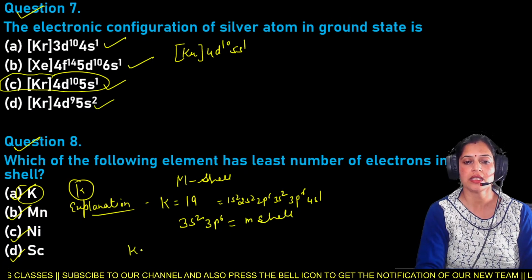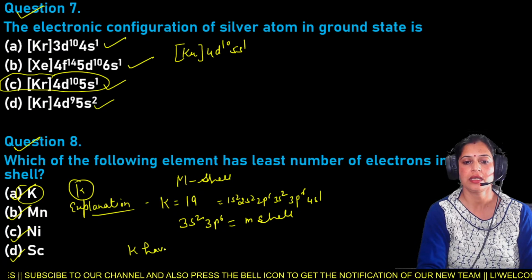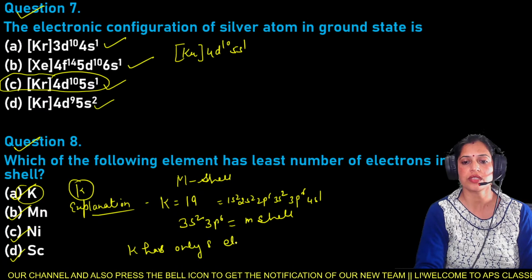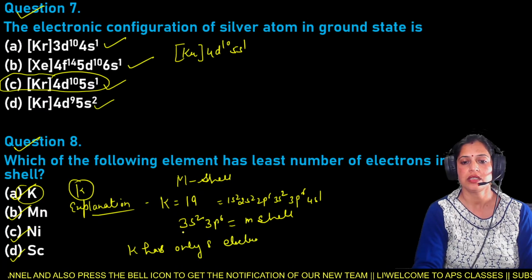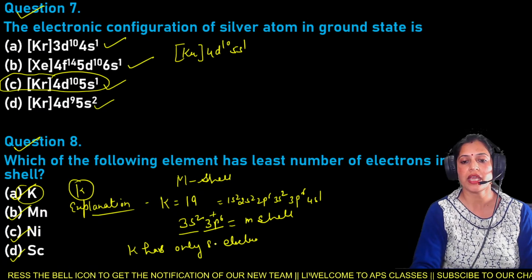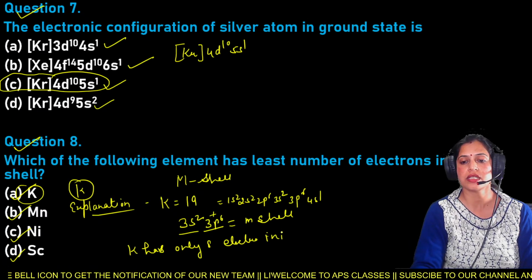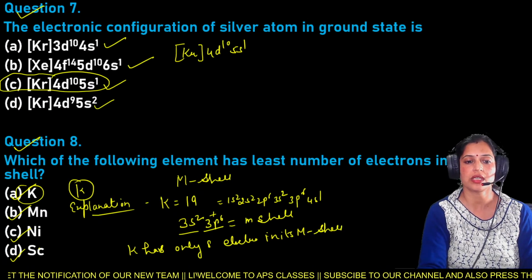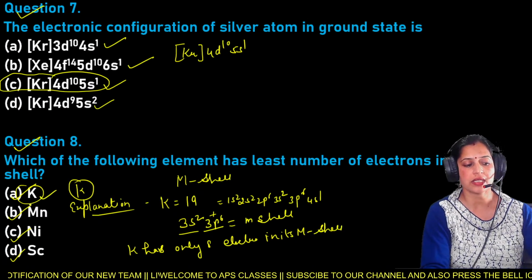So K has only 8 electrons in its M shell, 3s2 and 3p6, that means 6 plus 2, 8. So this is the right answer.